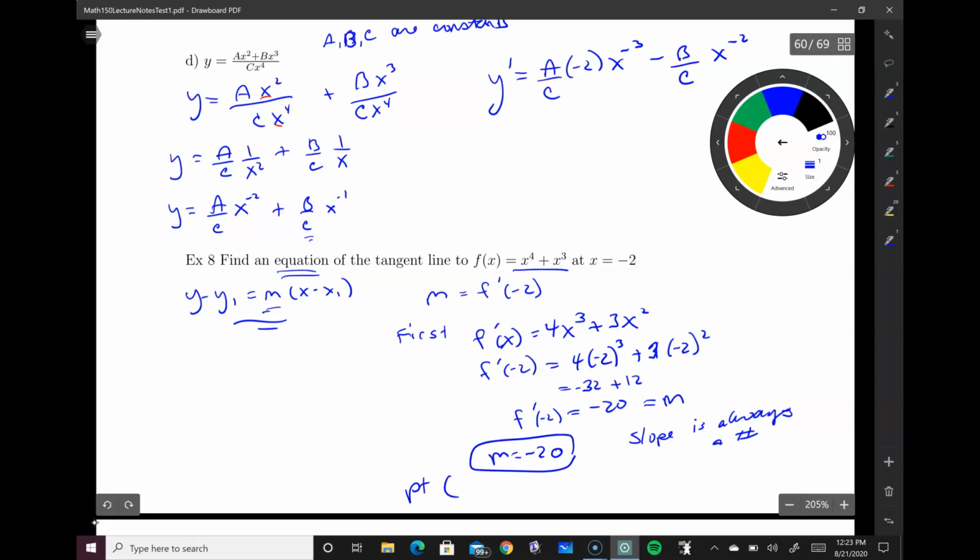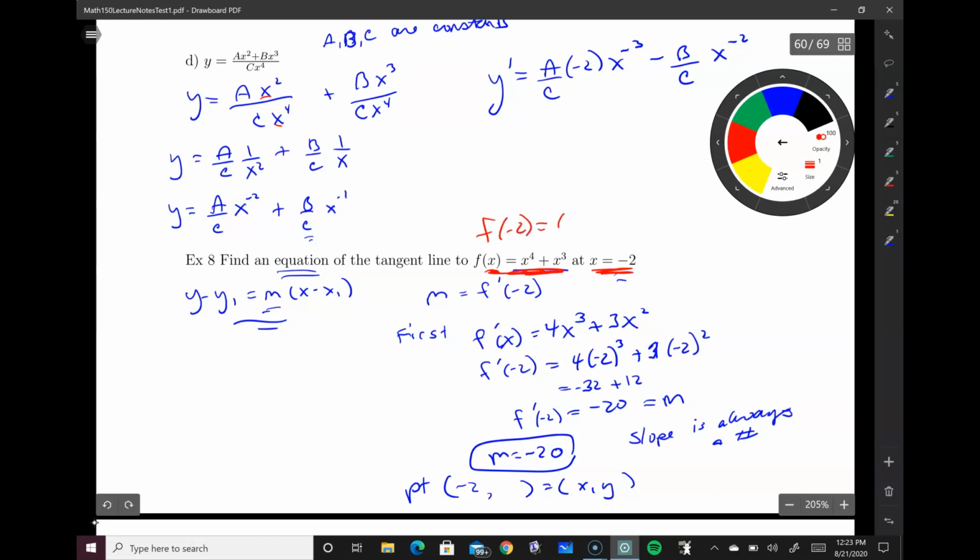So I need a point. I need an xy point. How can I find the xy point? Well, I know the x is negative 2. How do I find the y value if I know the x? Don't I plug negative 2 back into the original function?